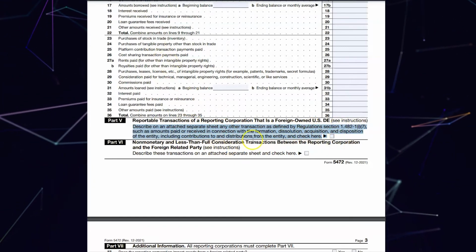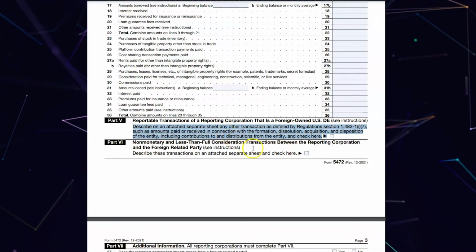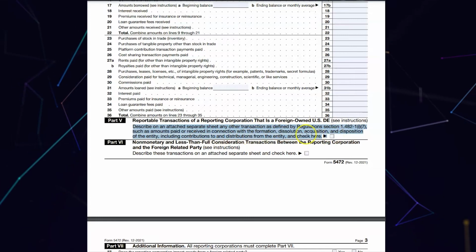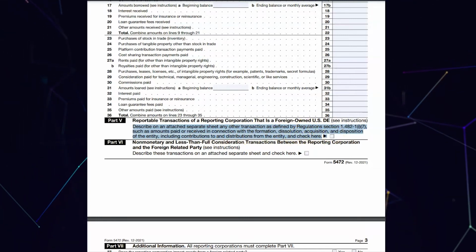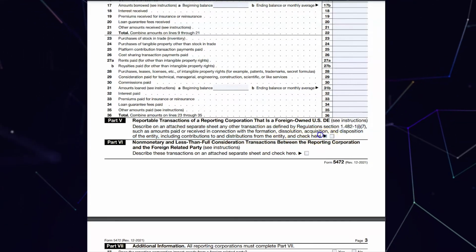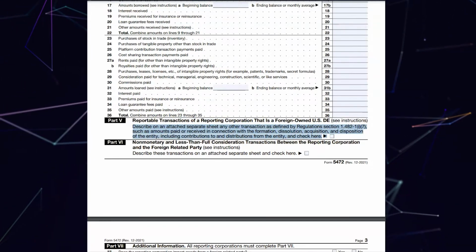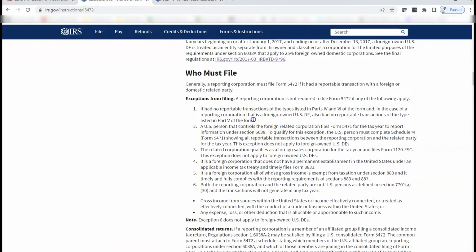You have to be careful and analyze your transactions very well to see if your activities fit into this box. However, if we go through all the transactions that have taken place and there's nothing to report here, then the instructions say that you're not required to file Form 5472.